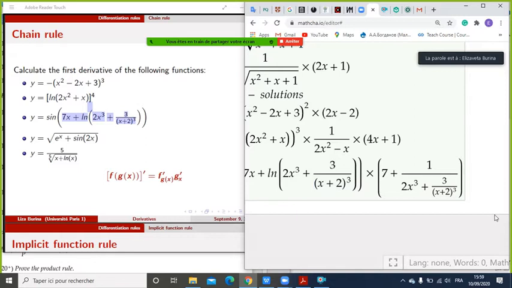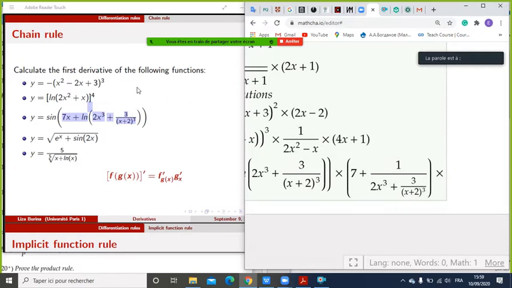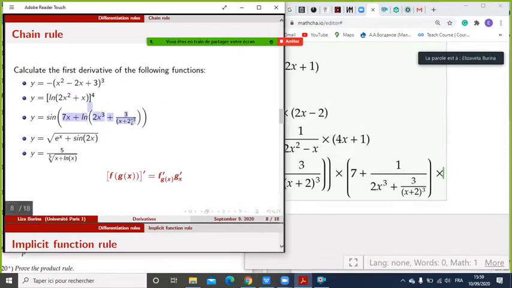Now we have to multiply it. So we did this, right? We took the derivative of this part.